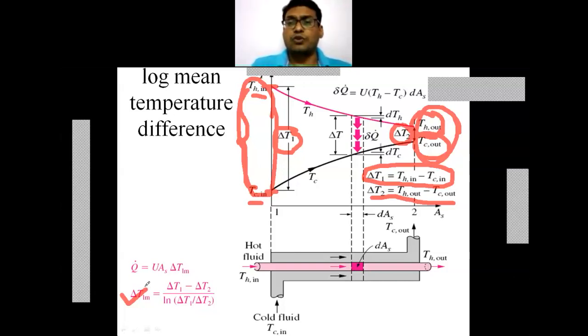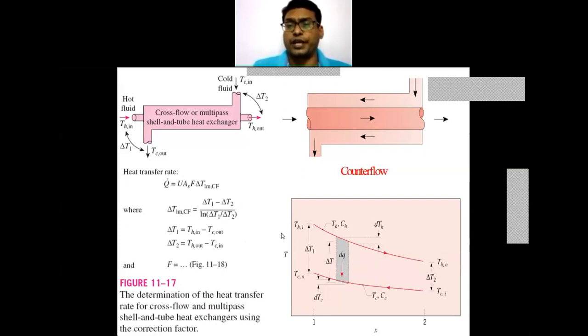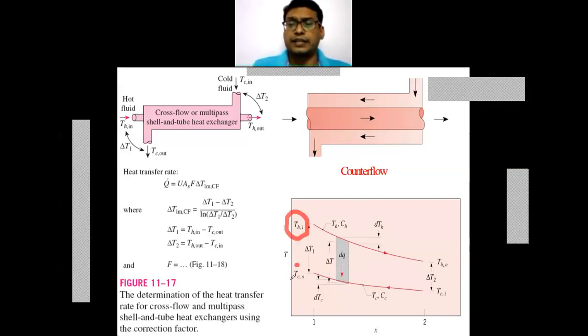Now let us calculate it for the counter current flow arrangement. So in this case, the inlet temperature of the hot fluid, that is your THI, and the TCO, the temperature difference on one end, this is delta T1, which is equal to TH in minus TC out, and the temperature difference on the another end, that is delta T2, which is equal to TH out minus TC in.